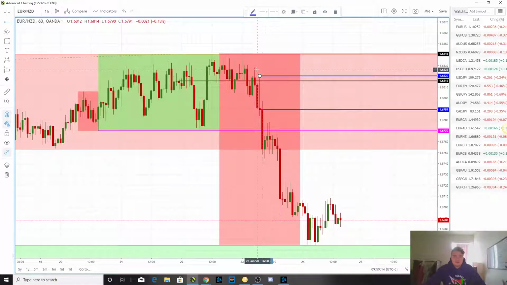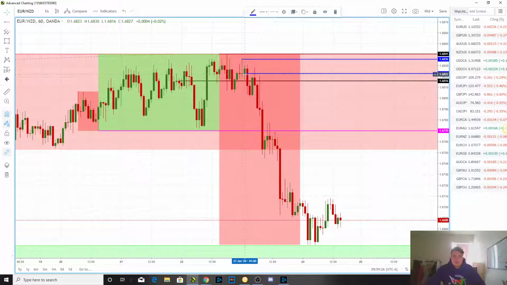Kind of messy. But that's a play off this, which is a play off this, which is all up in this. So that would probably be the best bet, and then stop above. Probably the trade I'd take on there.